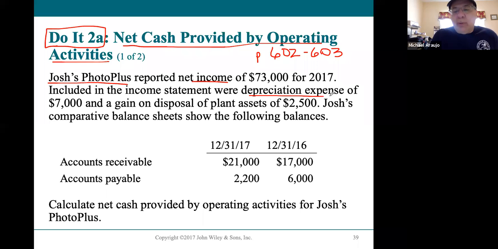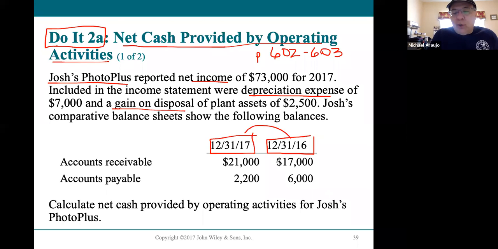Looks like they have a depreciation expense. They have a gain on disposal of assets. And then here are the comparative balance sheets for 2016 and 2017.